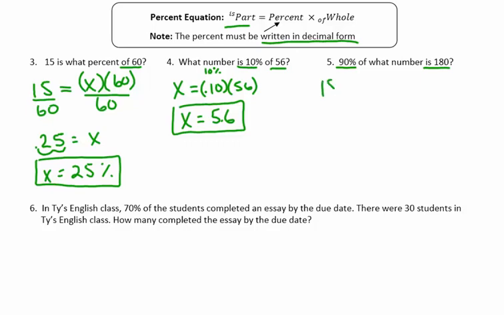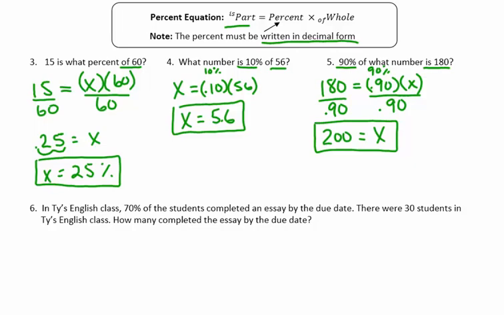So 180 is the part, which represents 90%. So I'm going to write that as a decimal, 0.90, times x, which is the whole, and I don't know that. So I'm going to solve for x. I need to get rid of 0.90 by dividing on both sides. This is just algebra, what we did already. And when we do that, 180 divided by 0.9, we get 200 is my whole.